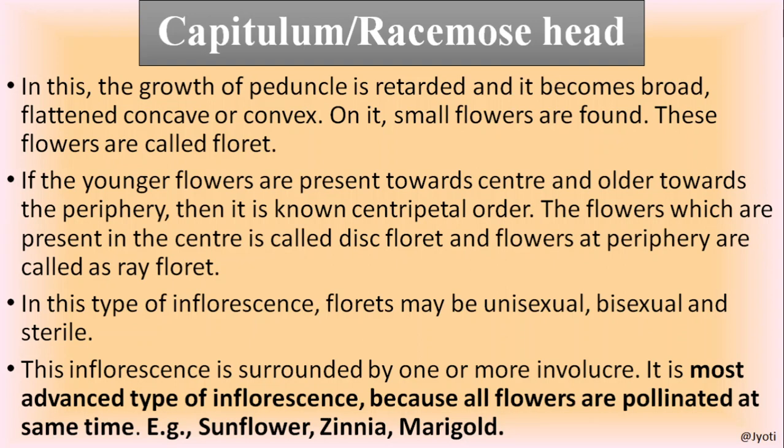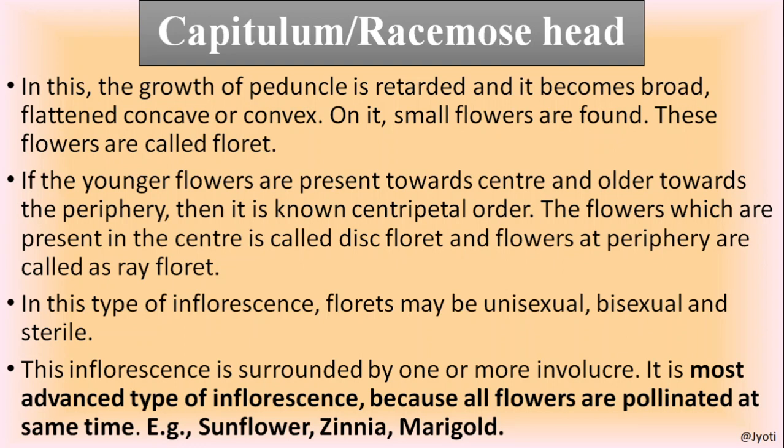Here the florets, the small flowers, may be unisexual or bisexual, and the inflorescence is surrounded by one or more involucre. That means the bract that covers the base of all the flowers. And remember children, this is very important.